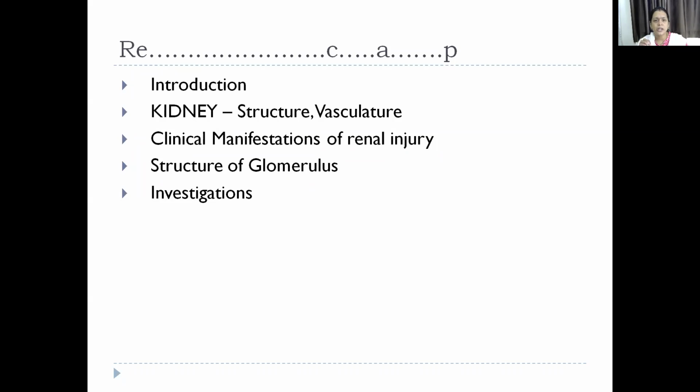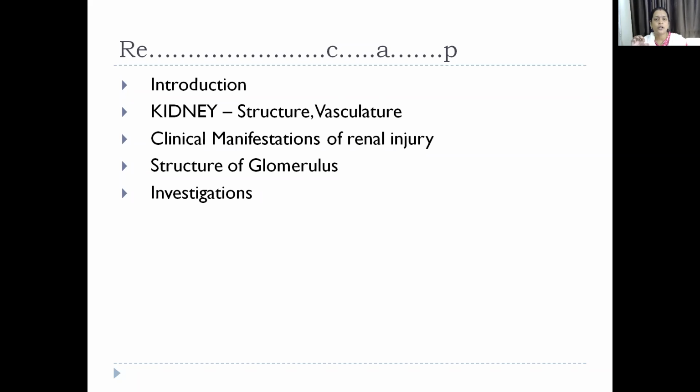So proteinuria usually is defined by more than 150 milligrams per 24 hours, right? So when more than 150 milligrams per 24 hours is excreted out, it is called proteinuria. Okay, and this can be seen in glomerular nephritis, that is any kind of nephritic syndrome or nephrotic syndrome.